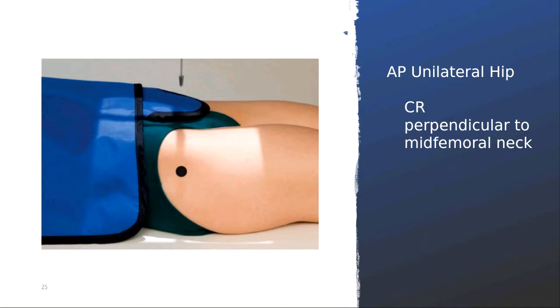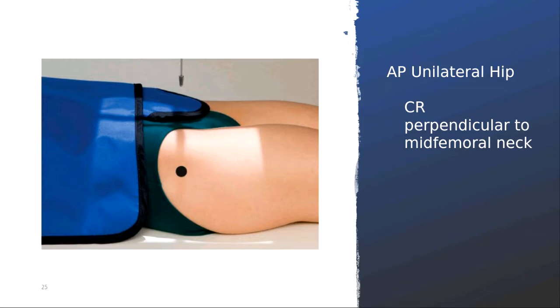You're going to internally rotate the affected leg 15 to 20 degrees to make the femoral neck parallel to the IR. And we're going to utilize that positioning to figure out where the femoral neck is by going 1 to 2 inches medial and 3 to 4 inches distal from ASIS.